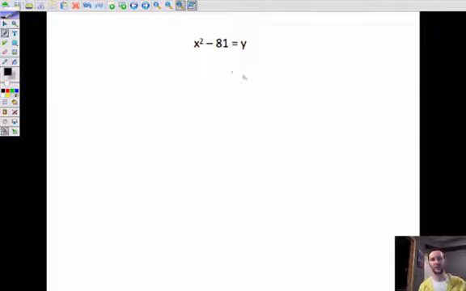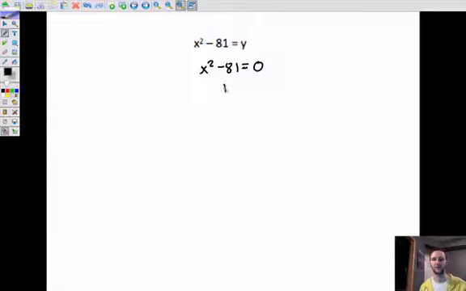Moving to a slightly more complicated example. Again, the first thing we're going to do is replace y with 0. Then you may be tempted at this point to go ahead and square root. Square root is usually one of the last things that you want to do.